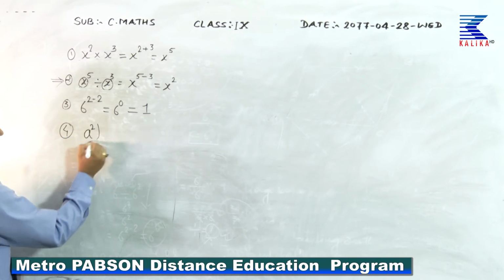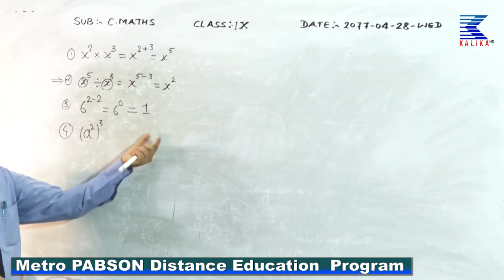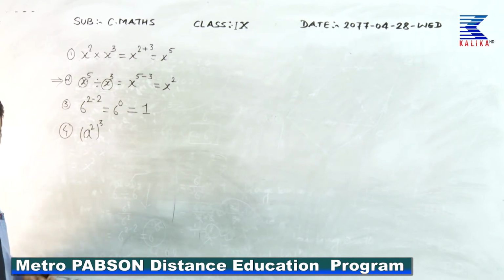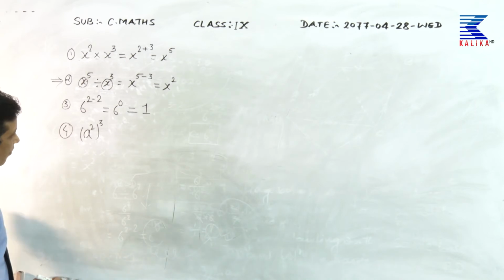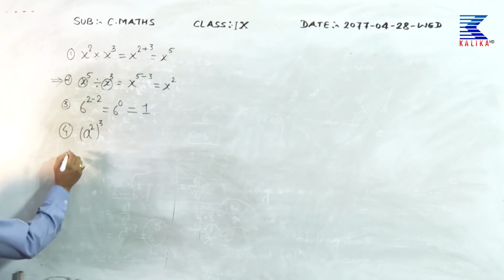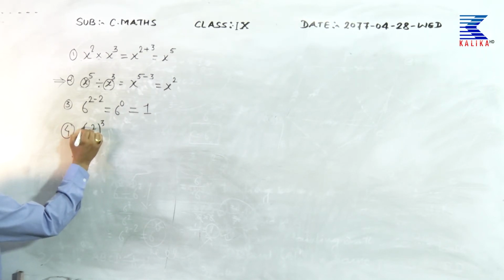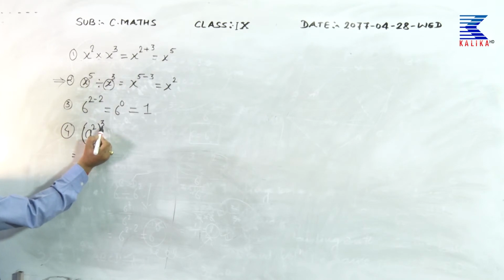A square to the power 3. Look, it means, we are deriving the laws of indices, but before that let us use our previous concept here as well. Here something is there in the bracket and you can see the power is 3.